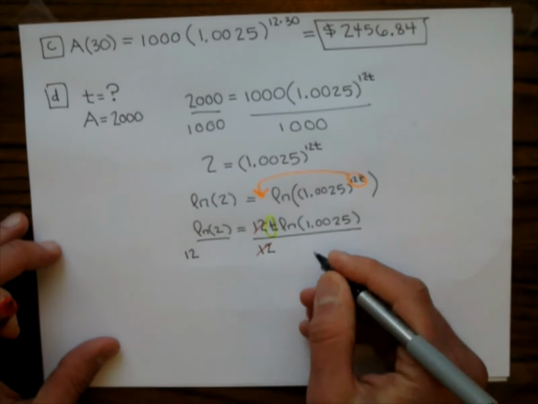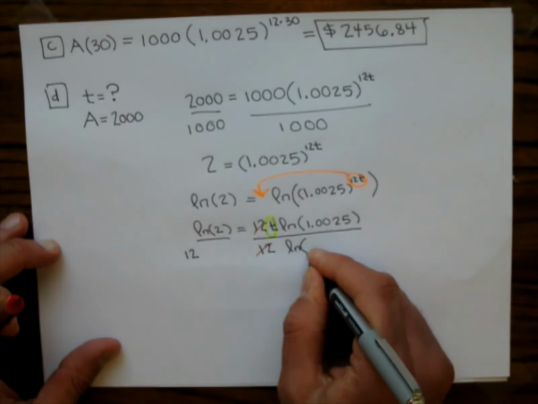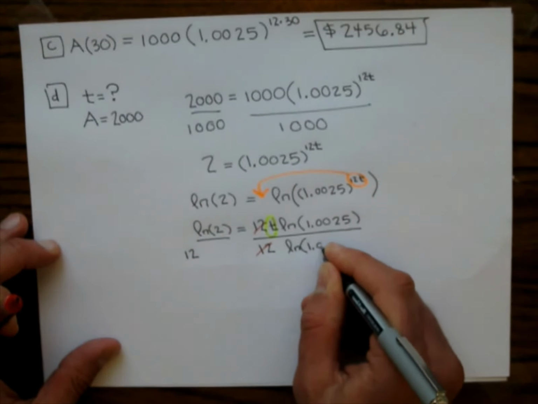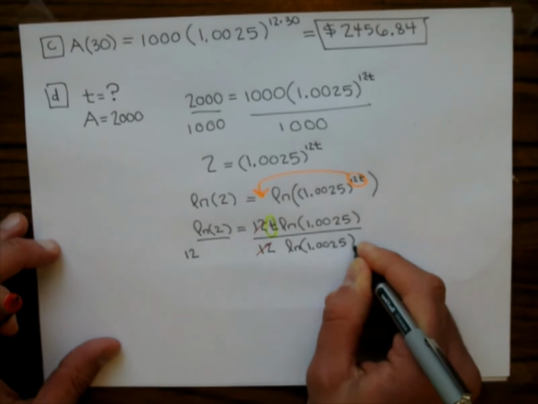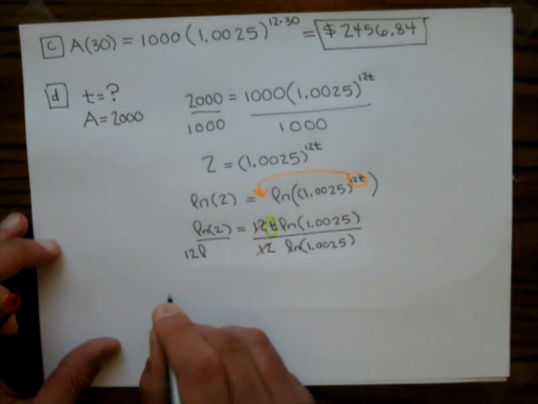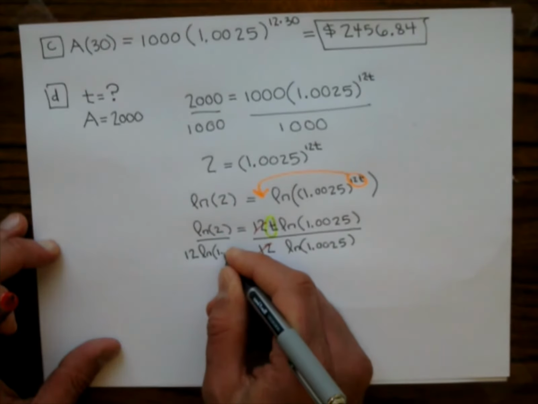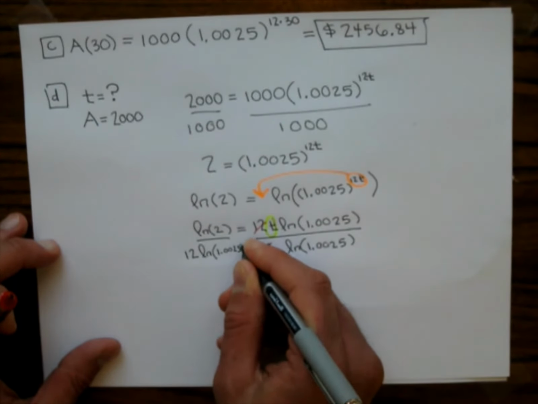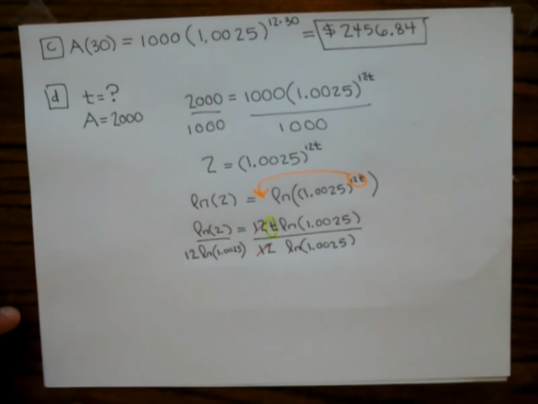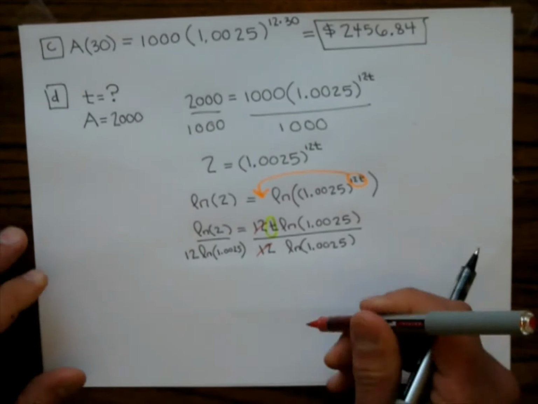And I'm also going to divide it by ln 1.0025, which is just some crazy number. You're definitely going to need your calculator for section 6.5. And so those cancel out as well.